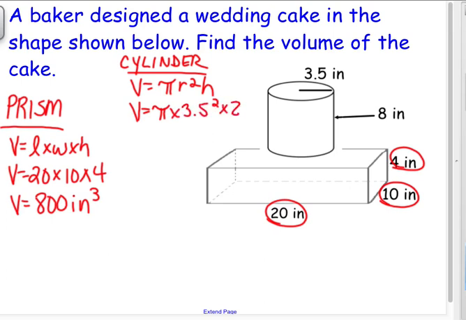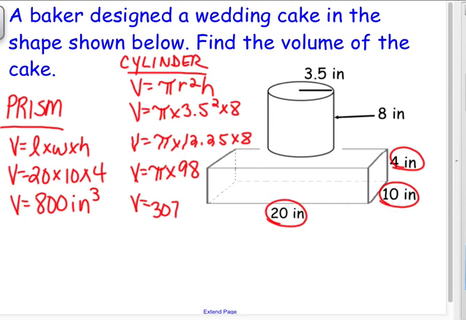What's the height? 8. 3.5 squared is 12.25, times 8. I take 12.25 times 8 and I get 98. And I take that times pi and I round. And I get the volume of that cylinder to be 307.9 inches to the third.